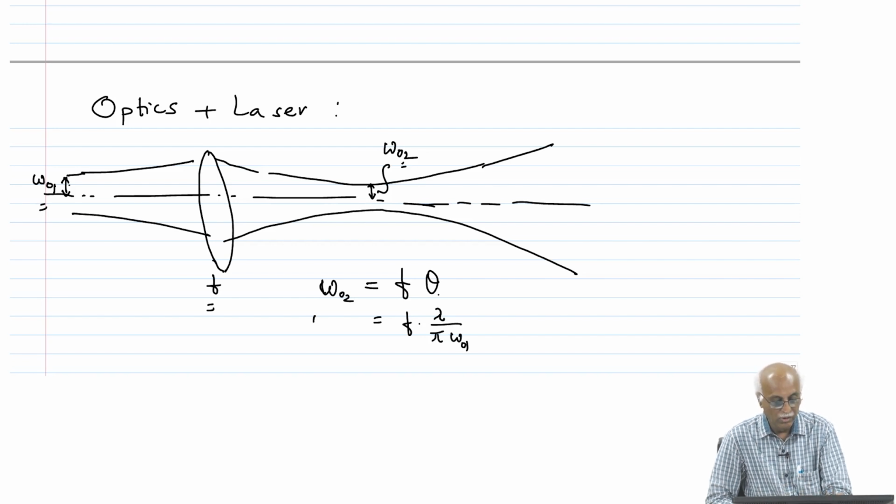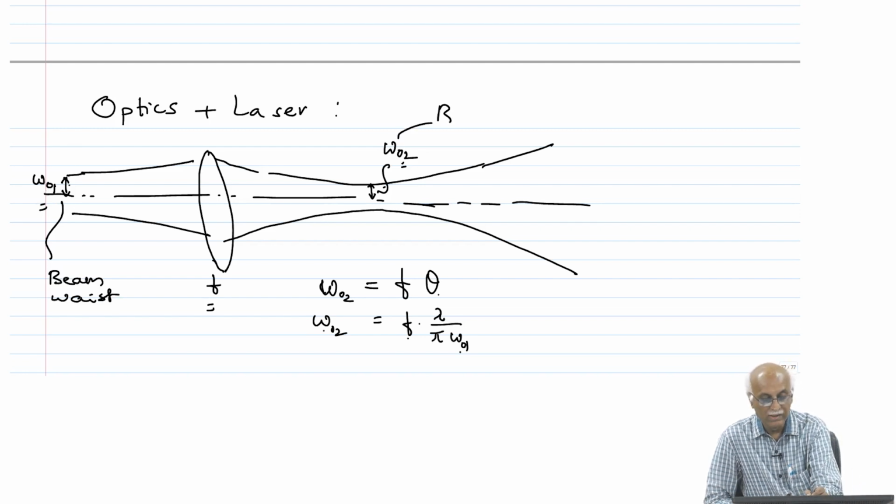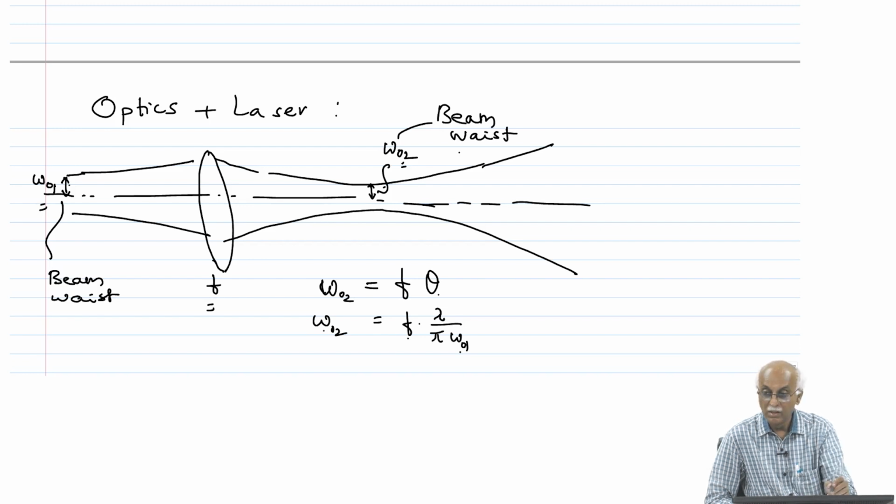So W02 is f into lambda, which is the wavelength of the electromagnetic wave, divided by pi W01. W01 is the beam waist of the laser beam before focusing. W02 is the beam waist of the laser beam after focusing.